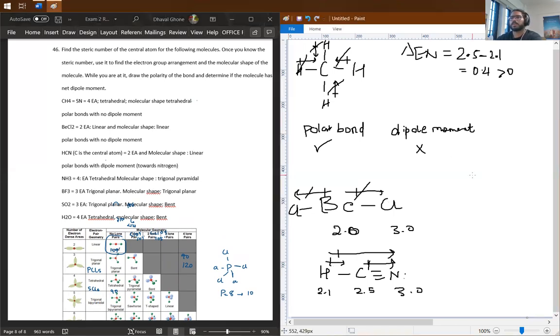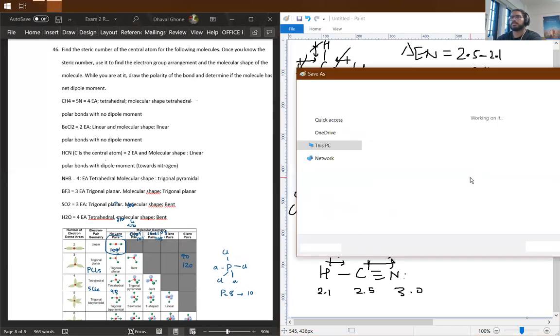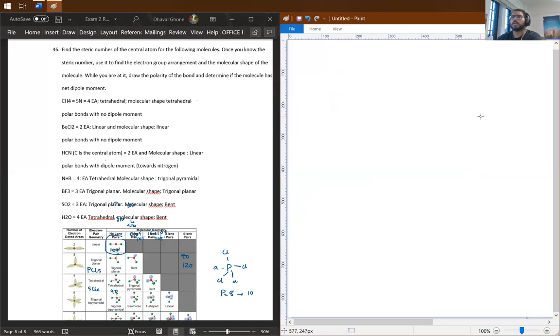Okay, awesome. Oops, I didn't mean to do that. Delete. And then the next one is NH3. We said NH3 has a peculiar pyramidal shape, and so they all point towards one side like this. N has an electronegativity of 3.0 and hydrogen is 2.1, so they'll move towards the nitrogen, and so these would cancel off with each other, but this one would stay, and so there's a net dipole moment towards nitrogen.